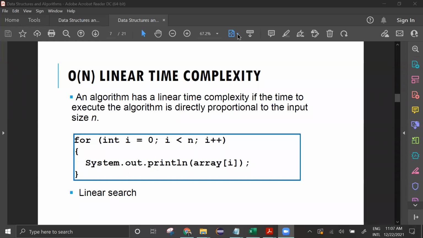Dhanushika, are you there? I'm here, sir. Okay, so is it clear? Like time complexity analysis, did you get the idea? Or do you have questions? Any questions?